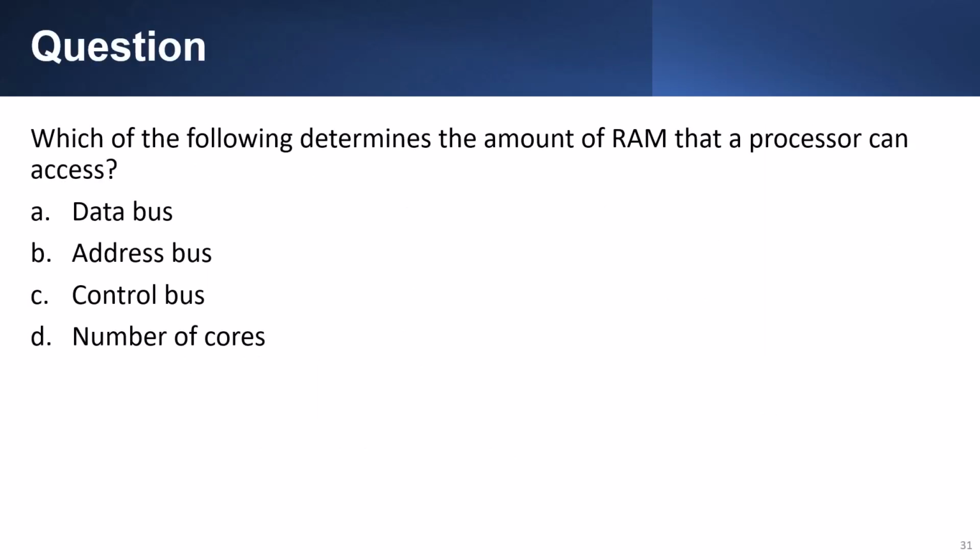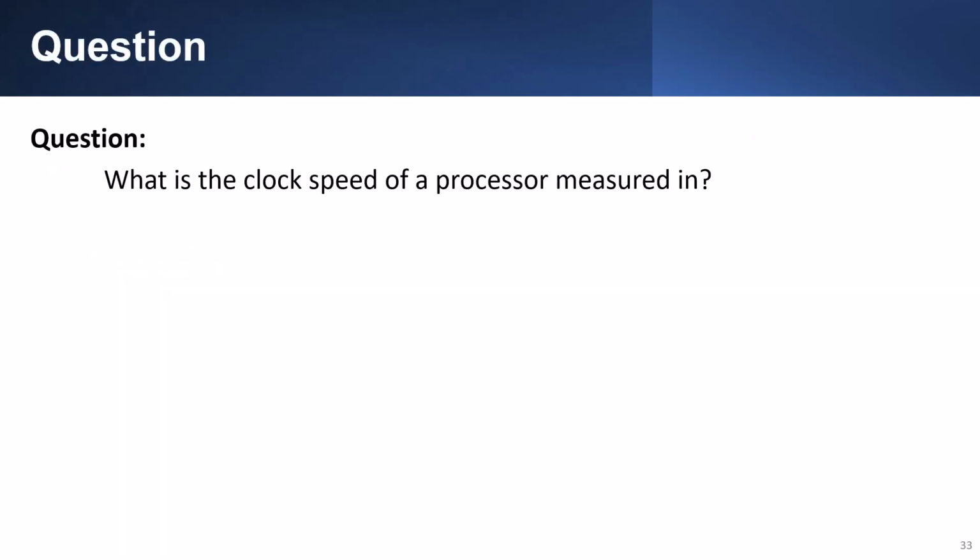Question: which of the following determines the amount of RAM that a processor can access? Answer: the address bus. Question: what is the clock speed of a processor measured in?